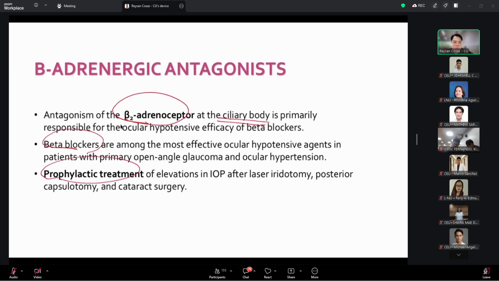It could provide a modest additional intraocular lowering benefit without side effects. So, it's okay. Hindi kailangan itigil yung oral beta blockers and switch to other agent.